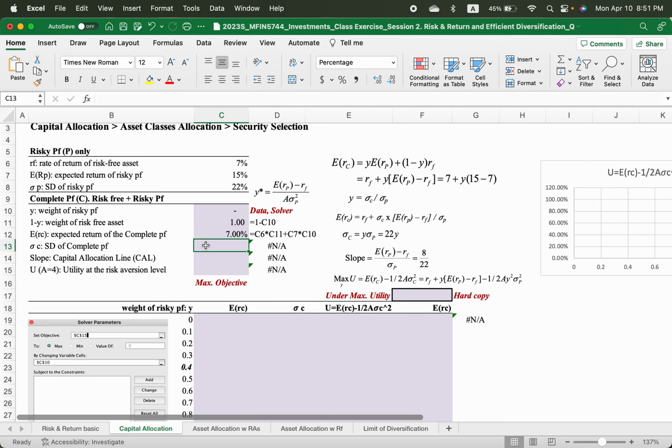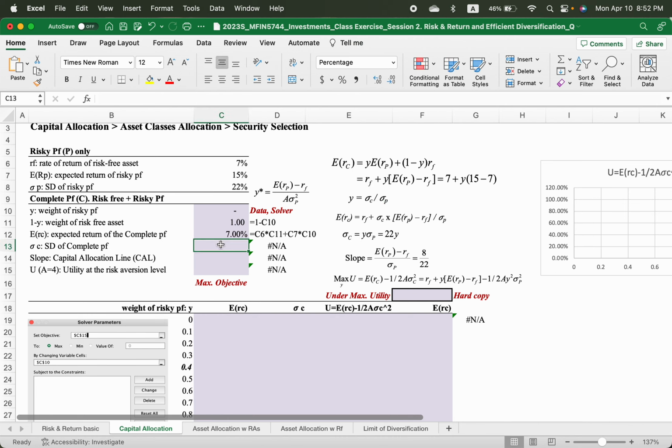And the standard deviation, how to calculate it, is from this equation, right? I don't want to explain this derivation process, but once you see the class notes, you will understand. So the complete portfolio's standard deviation is equal to the weight of the risky portfolio times the standard deviation of the risky portfolio, out of the total portfolio.